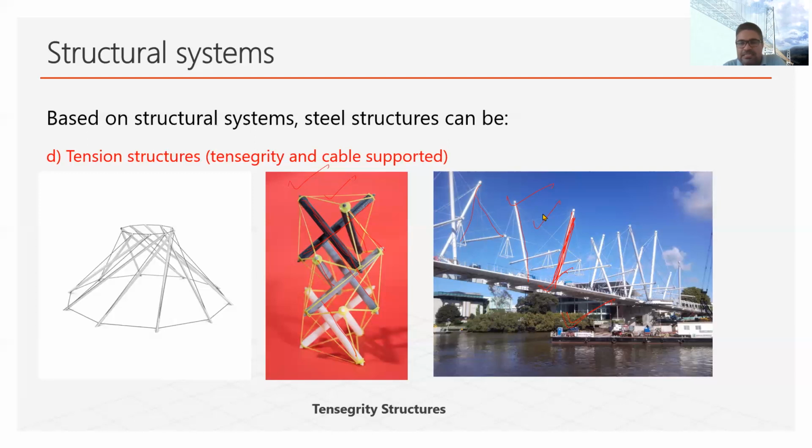The concept behind it is that it utilizes the maximum property of the material. Similarly, a cable will fail only when the tensile force exceeds its strength. So the benefit is that the material is utilized to its full strength, while in some other cases, like conventional structures, the material may not be utilized to its full strength.